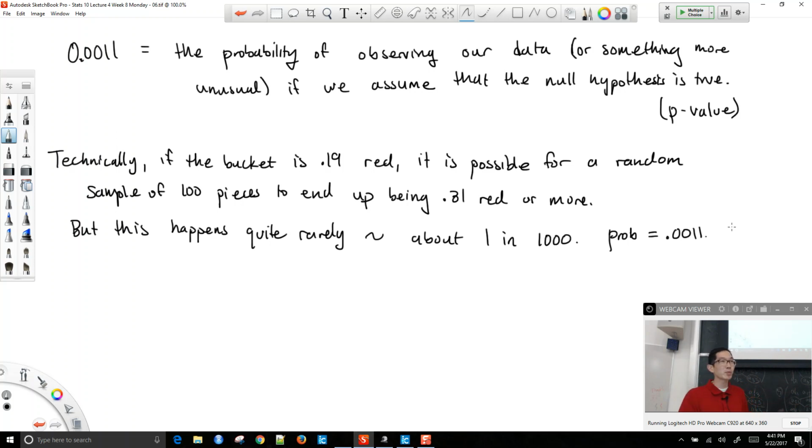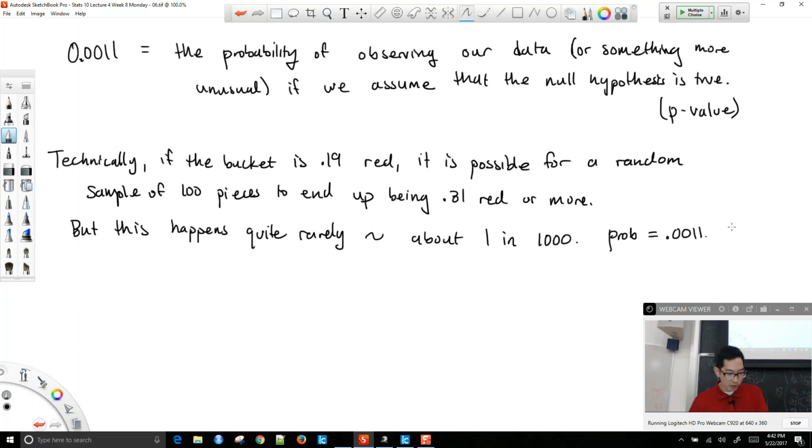The bucket's probably something higher than 19% red, and that would be the explanation behind why I got 31% red. But yes, technically it is possible for the bucket to be 19% red, and the explanation is that I got a crazy lucky 1 in 1,000 sample. Technically that's possible, but that seems less believable to us.